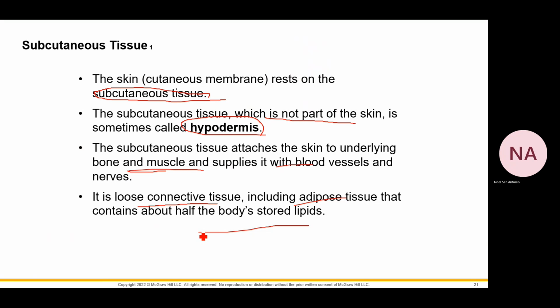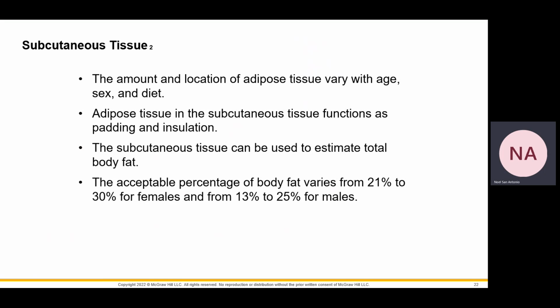Okay? Now, syempre, the amount and location of adipose tissue vary with age, no, sex, and diet. Di ba? As we grow old, no, yung location ng adipose tissue natin nababago, especially between males and females. That's what you mean by sex.